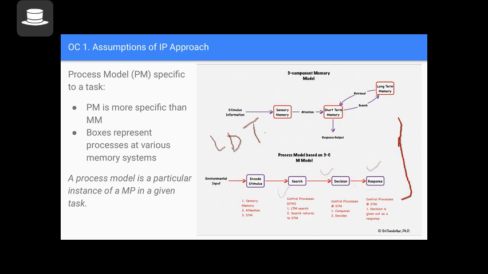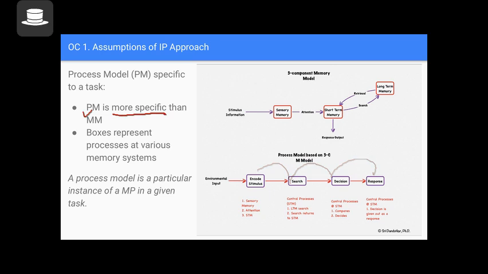A process model is specific to a task. If it's a different task, let's say 22 times 33, your multiplication, now the task would be different. The stages would be different. The process would be different. So it would be different for different tasks. So that's why a process model is more specific than a memory model.